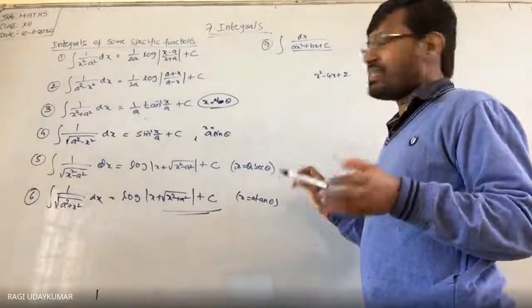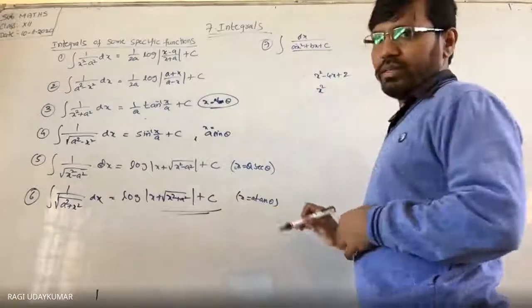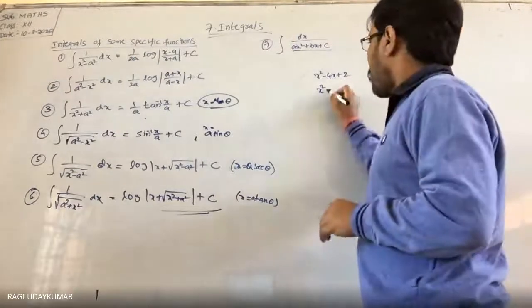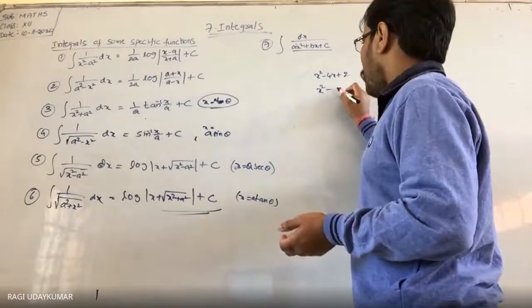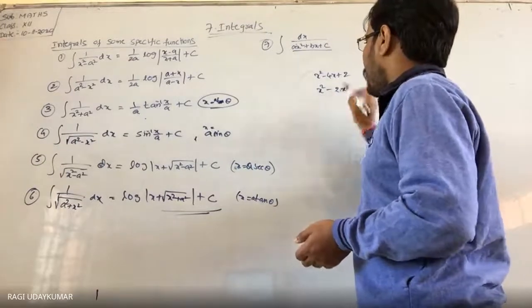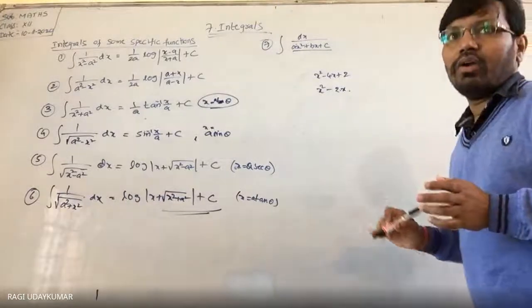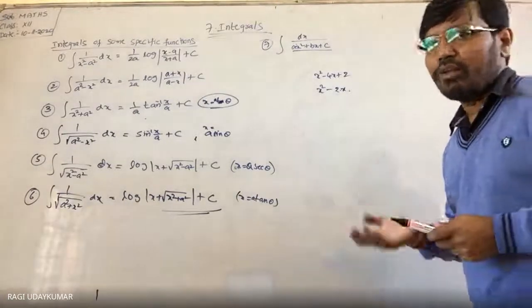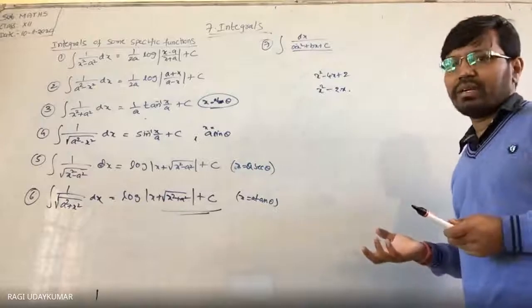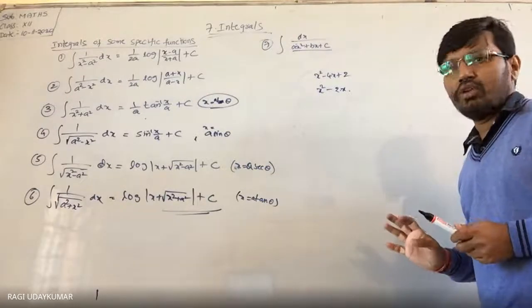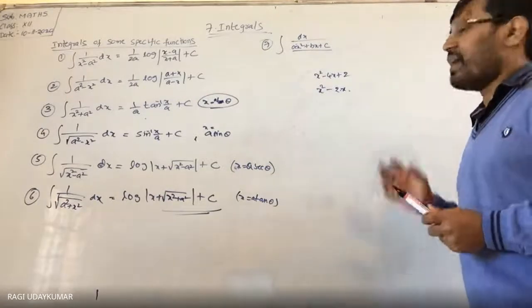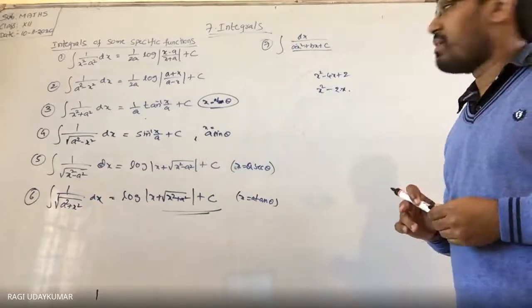Completing square method here: this is x square, then minus 2ab from 2, a. What is b? We don't know here. So the b value in the completing square method we don't know. What can the b value be here?